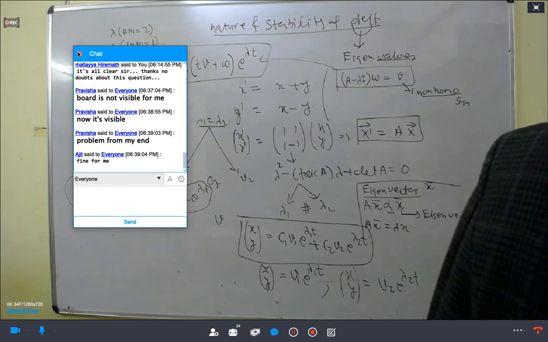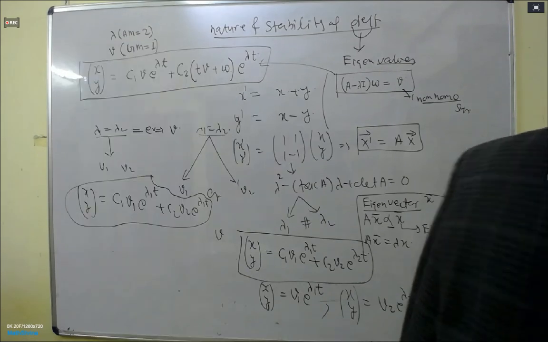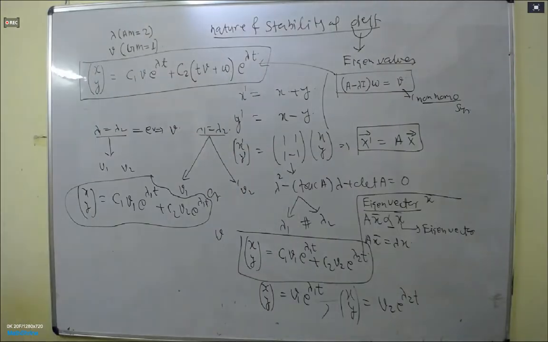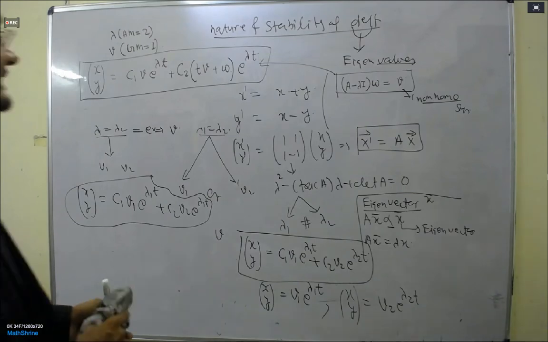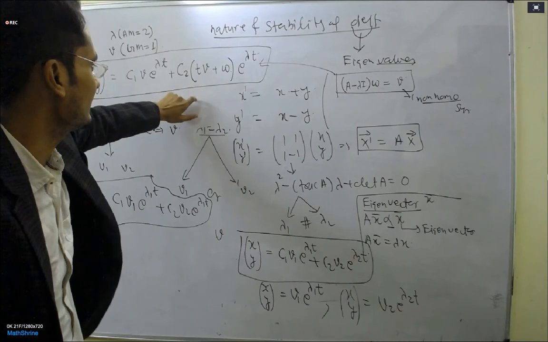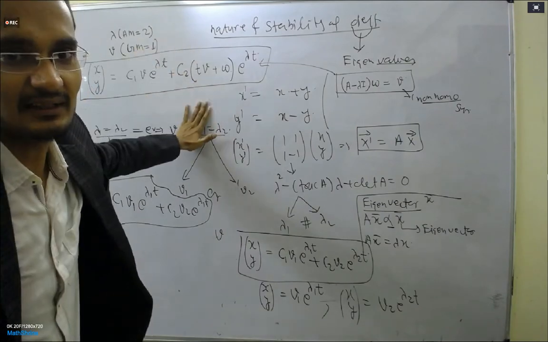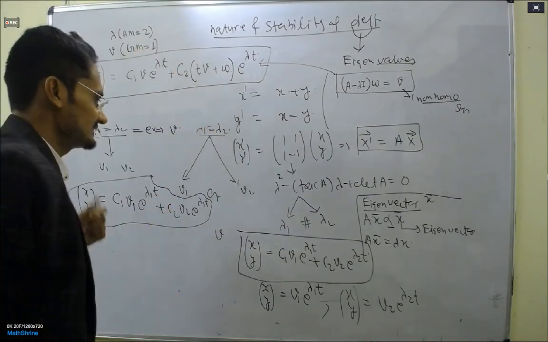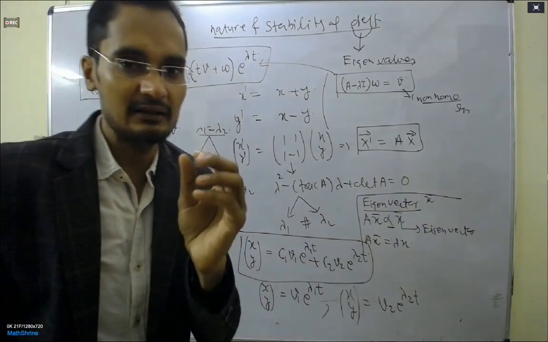So suppose I have a system x dash is equal to Ax, and A is a 3 by 3 matrix. Then what will we do? Tell me.